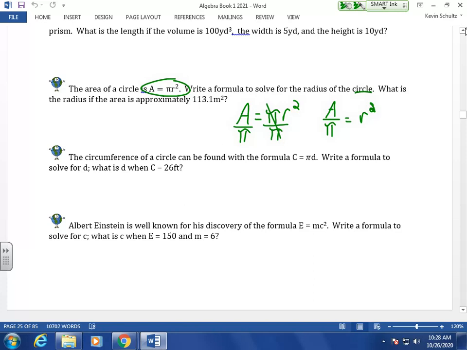What's the opposite of an exponent? Blake? A root. So to undo this, get r by itself, we're going to root both sides. And so for any given circle, the radius is equal to the square root of the area divided by pi.